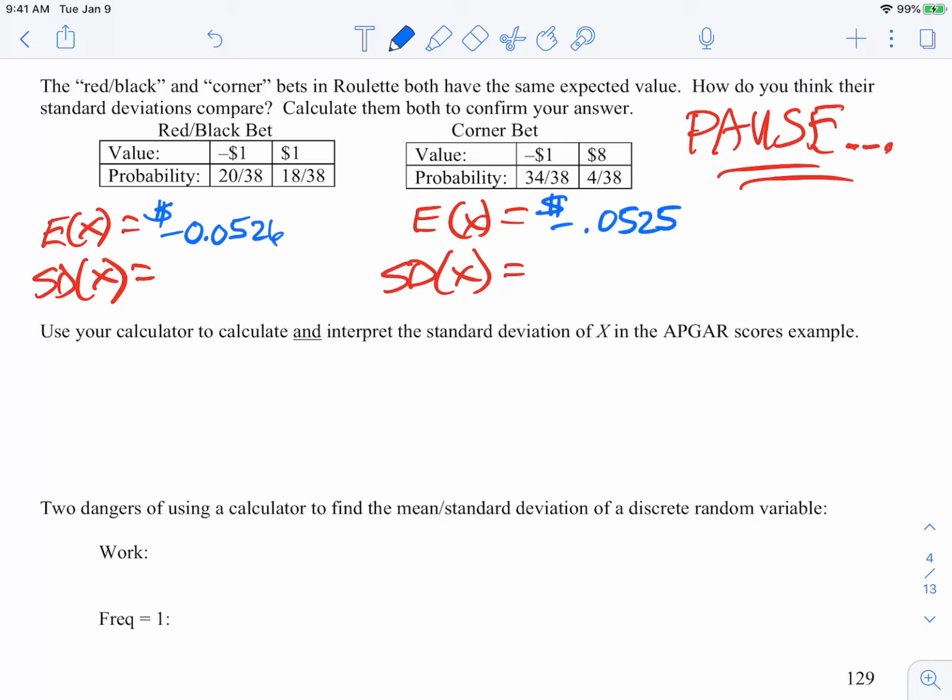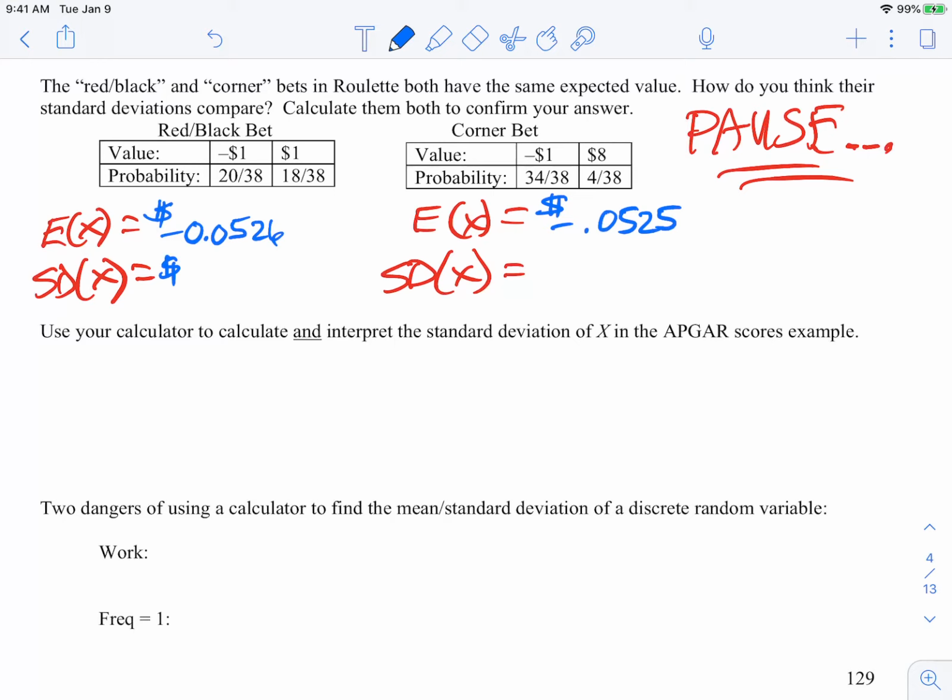If you interpret that, that means that you're going to lose. When you play roulette, either bet, whether it's the red-black bet or the corner bet, you're going to lose about a nickel every time you play on average in the long run. But the standard deviations are quite a bit different.